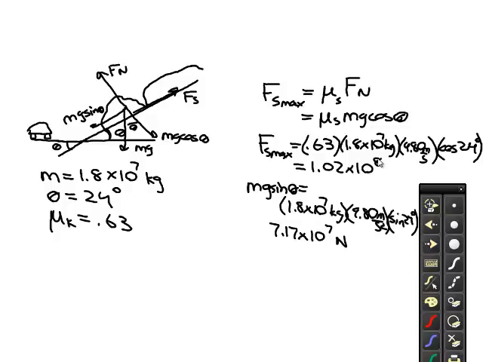I should put my calculator into scientific notation mode so it just happens. But yeah. So on my diagram, what is the static friction force equal to? 7.17 times 10 to the 7, yeah. This is the maximum static.